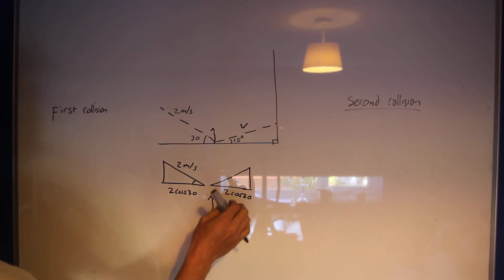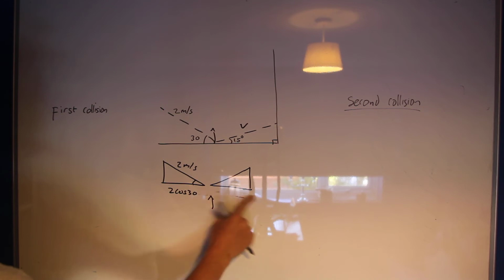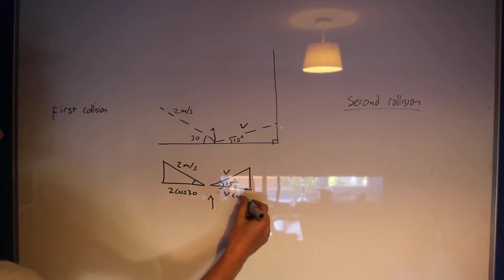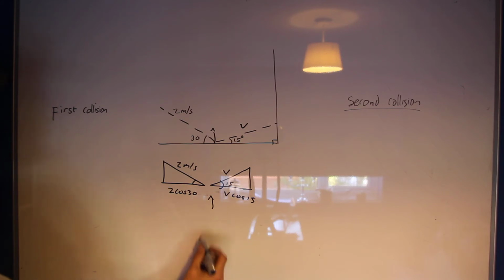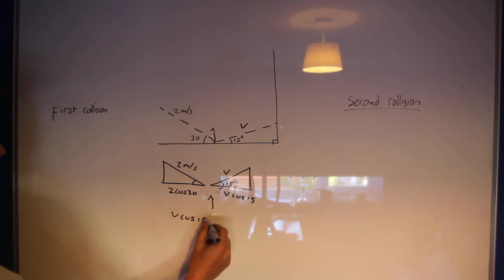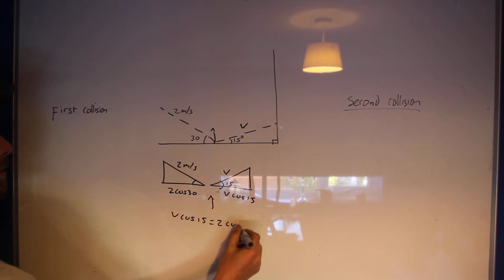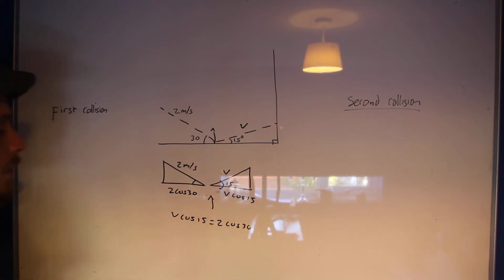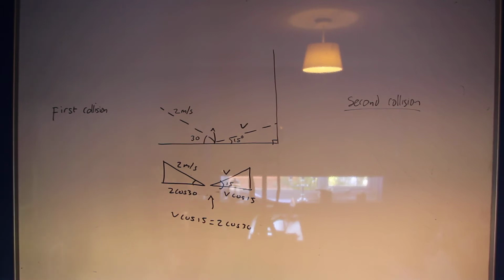Now there's another way of calculating that, if we knew what V was, because that's 15 degrees, which means that is also V cos 15. So we've got two ways of calculating the same thing. So V cos 15 is equal to 2 cos 30. Well, we can rearrange that, can't we, to figure out what V is.